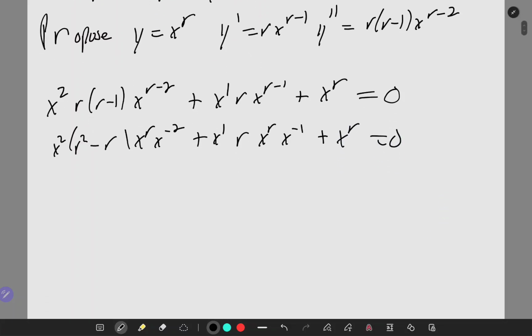These will cancel. I distributed. We still have this in here though. Oh, look at that. These will cancel with this. So then this will just become r squared minus r.